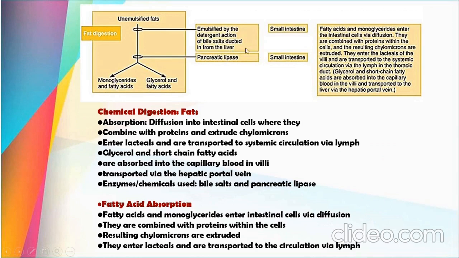The fatty acids and monoglycerides enter the intestinal cell via diffusion. They are combined with proteins within the cells and the resulting chylomicrons are extruded. They enter the lacteals of the villi and are transported to the systemic circulation via the lymph in the thoracic duct.